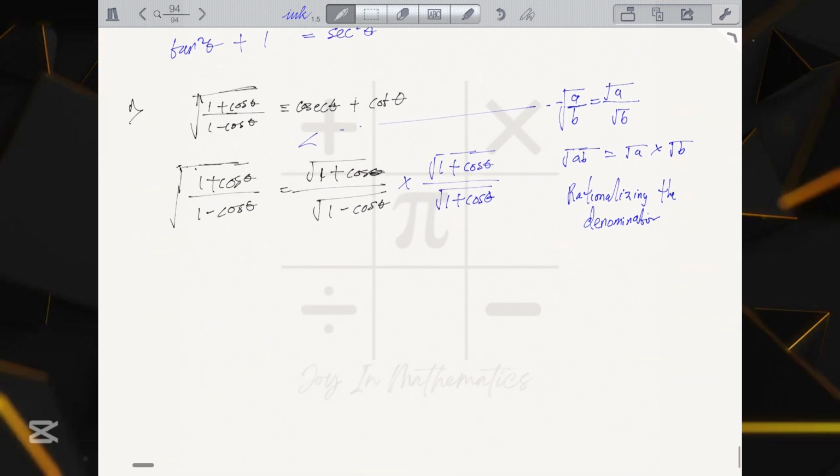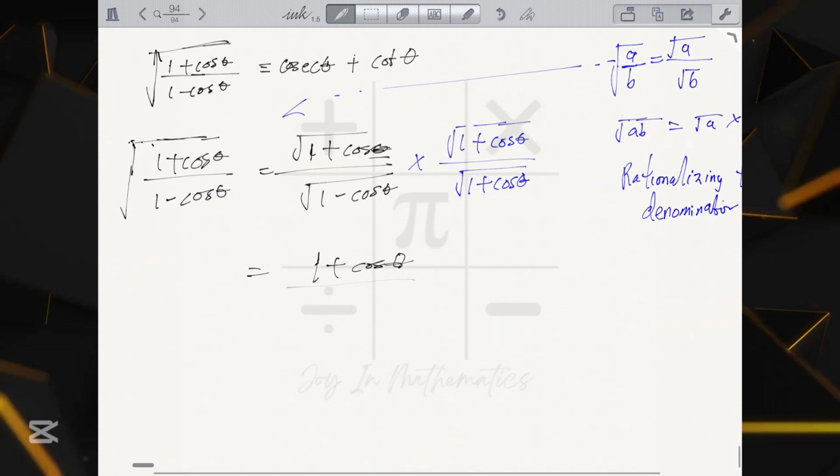So simplifying further, we'll multiply the numerator and the denominator together. So we have common terms here. Root 1 plus cos theta multiplied by root 1 plus cos theta is simply 1 plus cos theta, because the square root will nullify the square. Likewise, root 1 minus cos theta multiplied by root 1 plus cos theta.